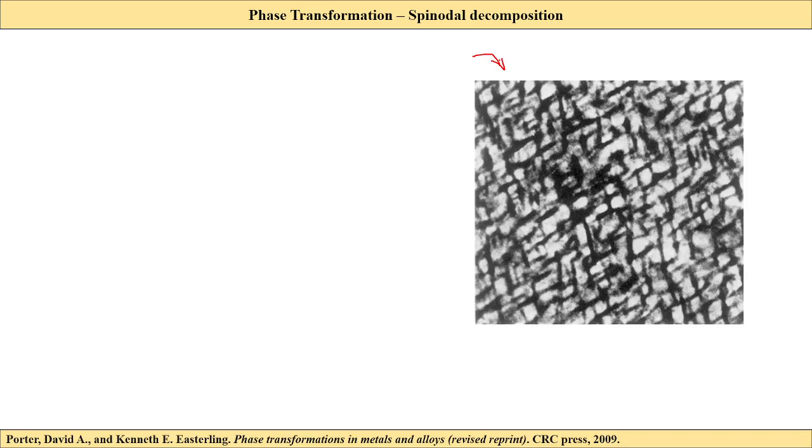In BSE imaging, we use backscatter electrons. Backscatter electrons are more sensitive to the atomic number. The higher the atomic number, the more backscatter electrons are emitted by that element. Alpha 1 and alpha 2 have two different compositions.